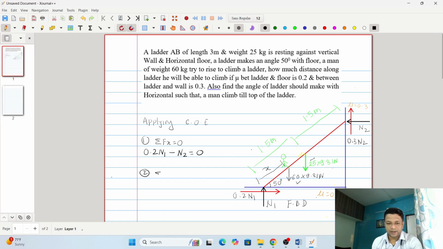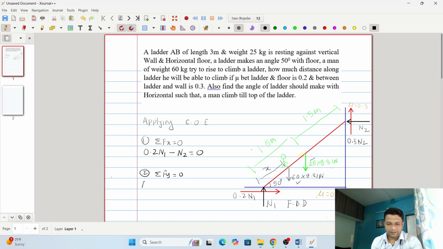Second, we'll apply summation Fy equal to 0. Identify the vertical forces here. N1, 60 into 9.81, 25 into 9.81, and 0.3 N2 are the vertical forces. Out of that, the two weight forces are the only negative forces. These two are positive forces. We'll write it here.